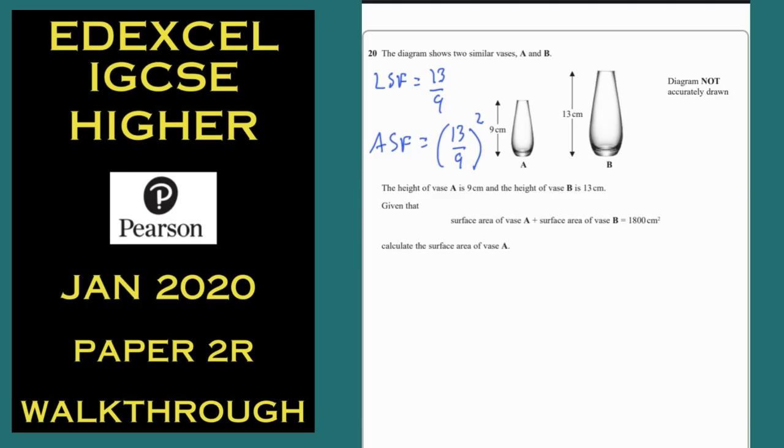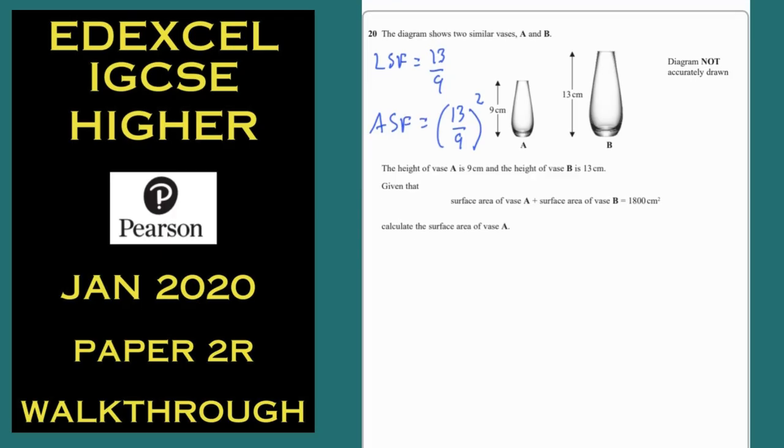So we don't know what the surface area is. So I'm just going to say that the surface area of A is A. And if I multiplied by the area scale factor, I get the surface area of B. Well, I can indeed multiply A by the area scale factor. And that is equal to 1,800.